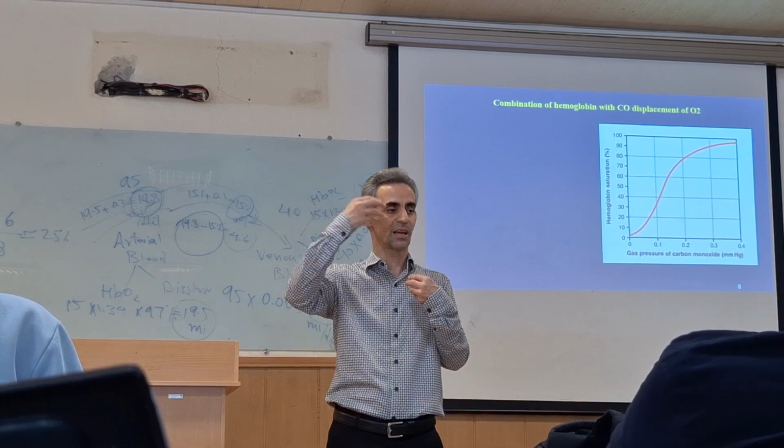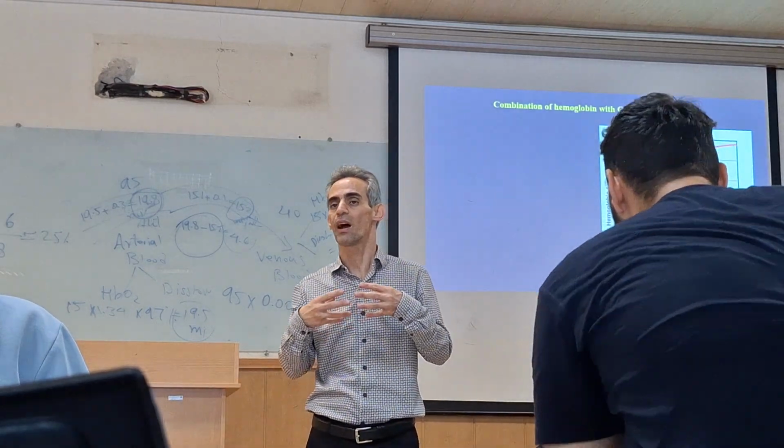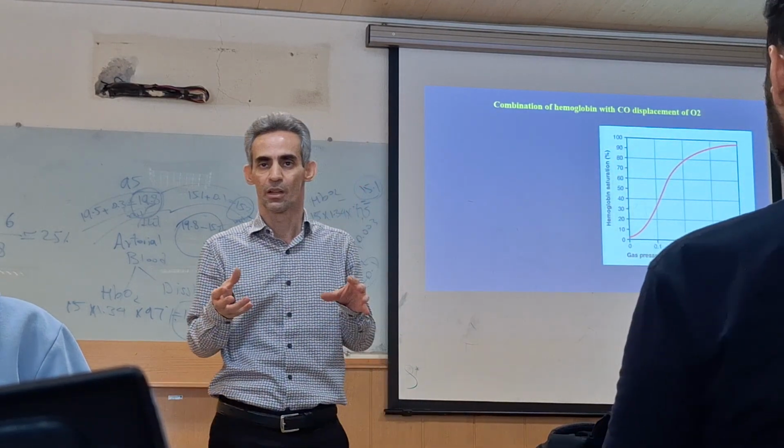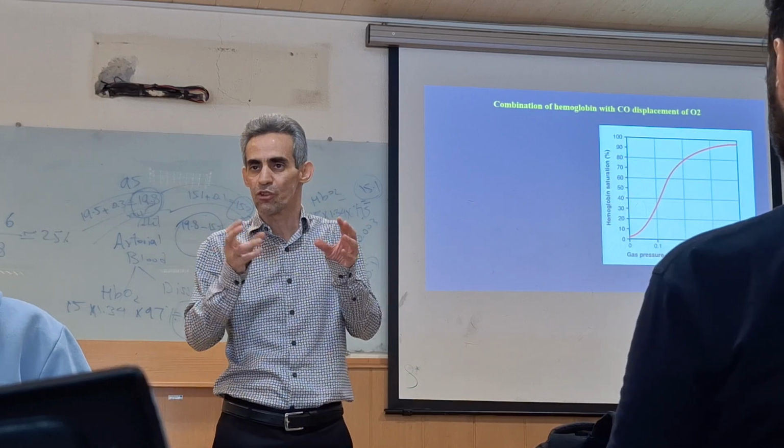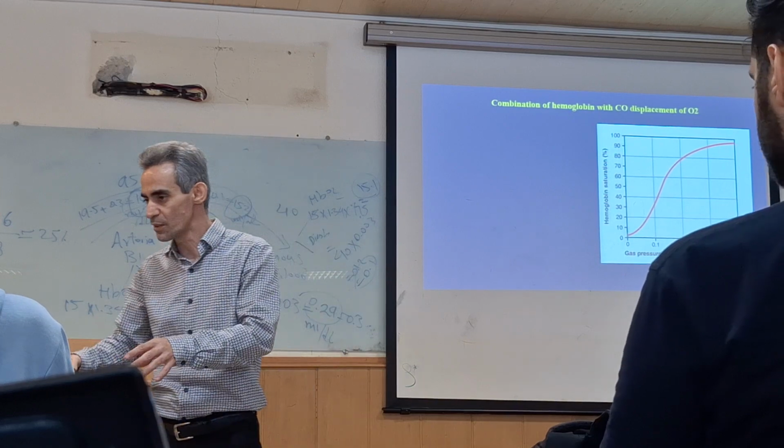Unfortunately, we breathe in this carbon monoxide and it binds with hemoglobin and occupies the location of oxygen. And there is no free location for binding of oxygen on hemoglobin. And this situation is poisoning, toxicity.